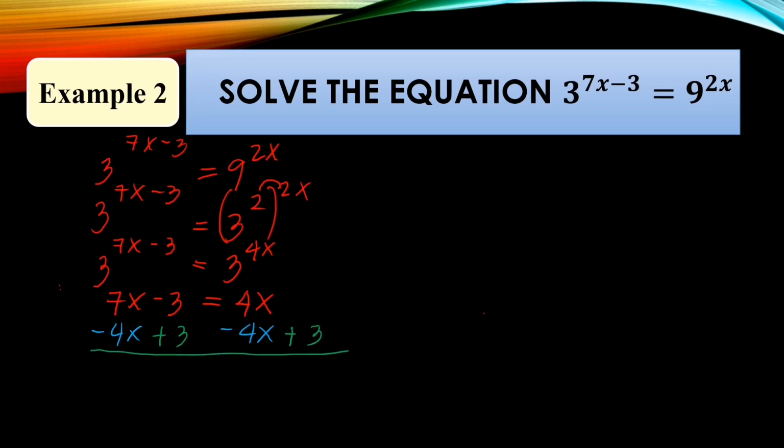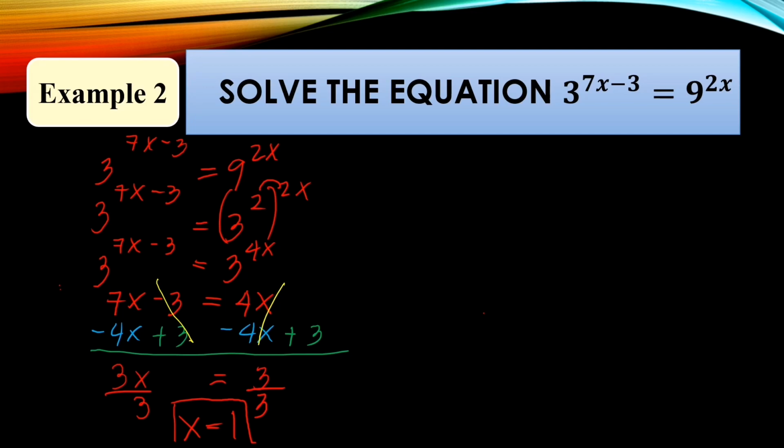Then simplify. So 7x minus 4x, the answer is 3x. And negative 3 plus positive 3 is cancel, is equal to positive 3. And then divide both sides by 3. So x is equal to 1.